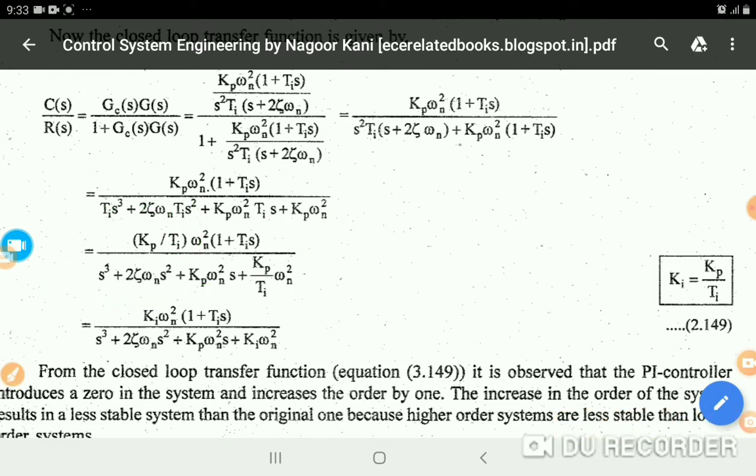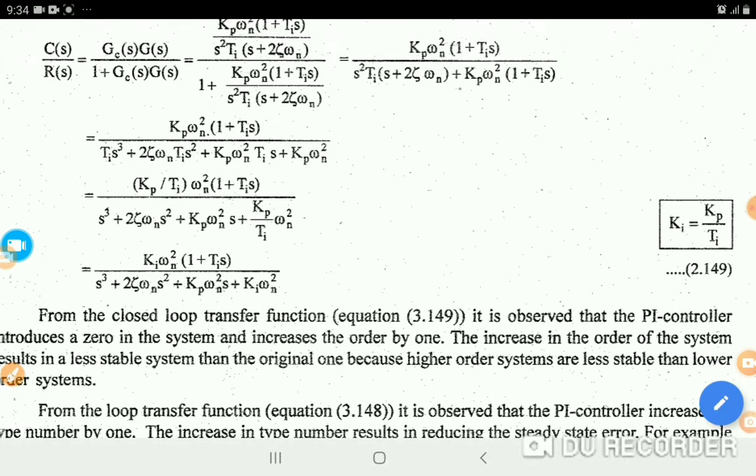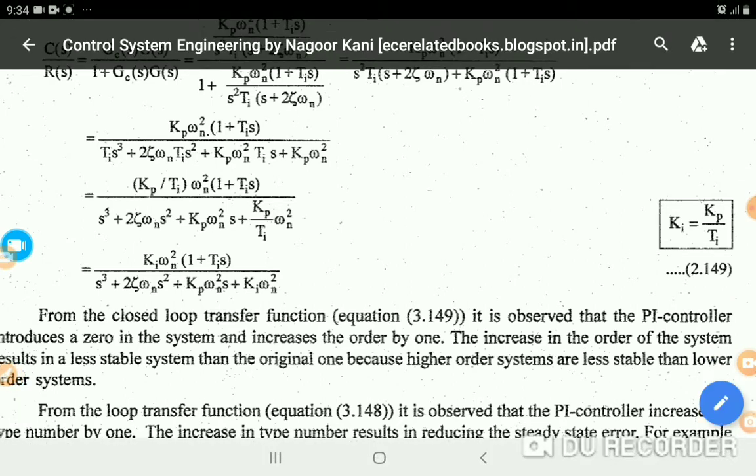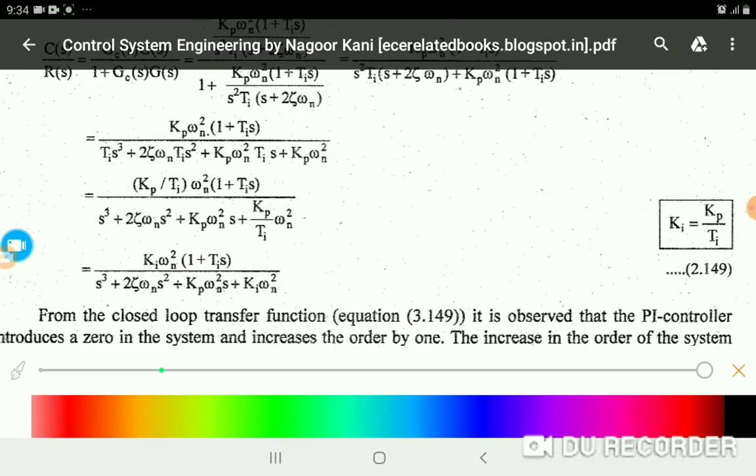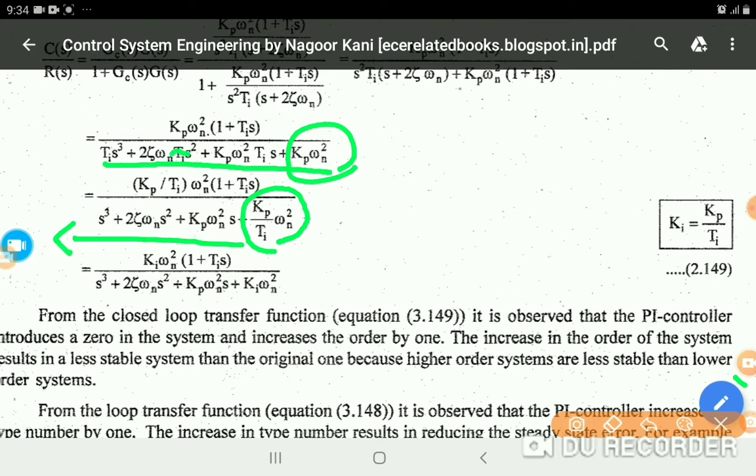Again I am telling you, carefully listen. Guys, carefully listen. Take Ti as common on the numerator side. Here there is no Ti, so multiply and divide with Ti here. Take all the terms with Ti, then it becomes the numerator's denominator. Then the rest of the things are the same as it is.